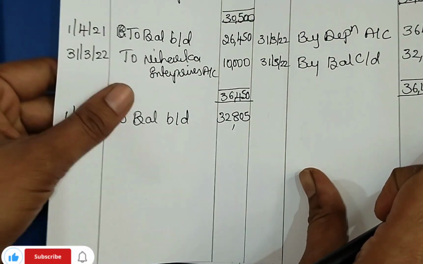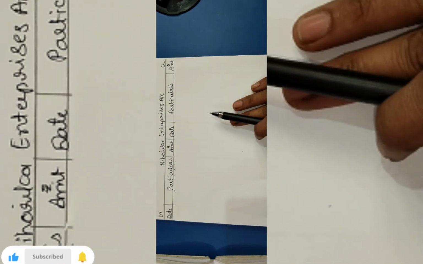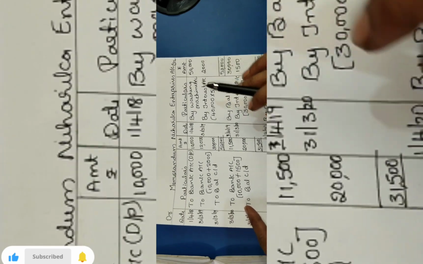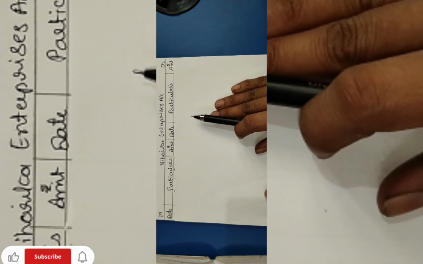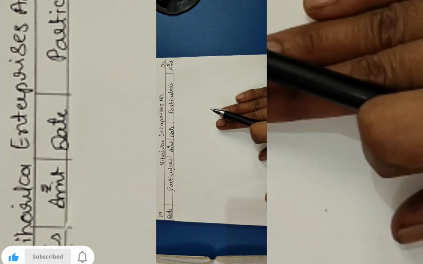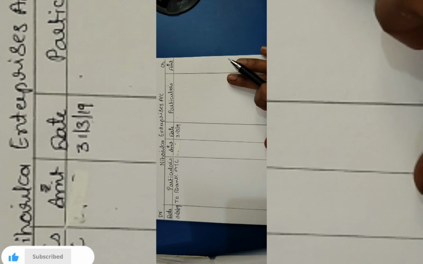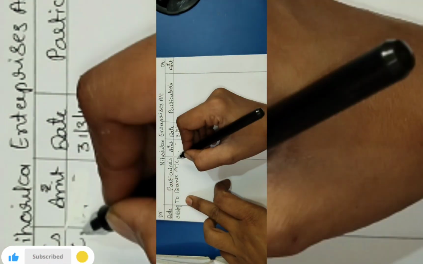Now let us prepare the ledger account of Niharika Enterprises. Initially we prepared the memorandum Niharika Enterprises account to calculate the interest. Now we are preparing only the Niharika Enterprises account, recording only the installment with the interest amount we have paid for every year. The first year transaction is on 31st March 2019 to bank account.